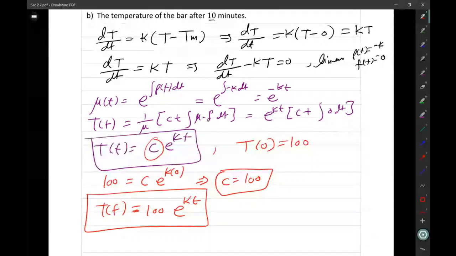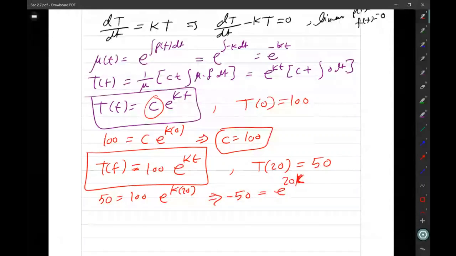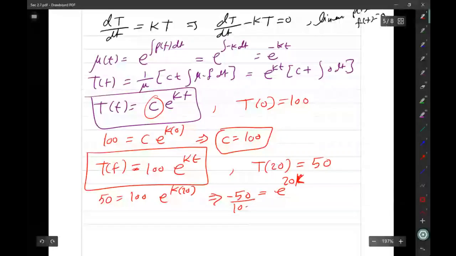So 50 is equal to 100 e to the power k times 20. No, 50 divided by 100, sorry, it is positive.